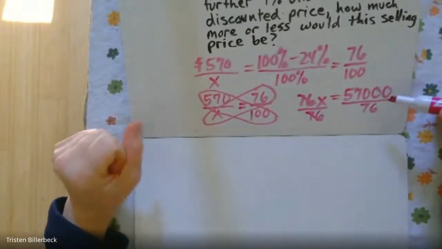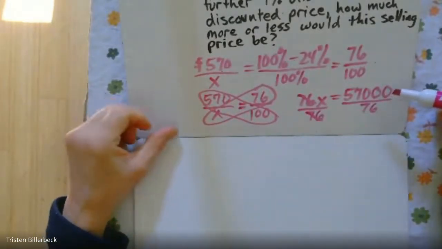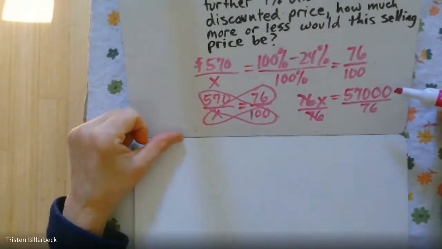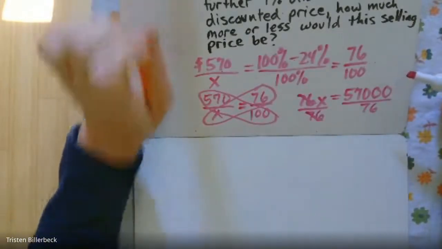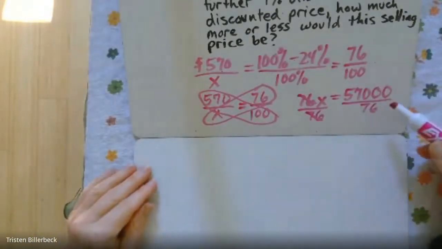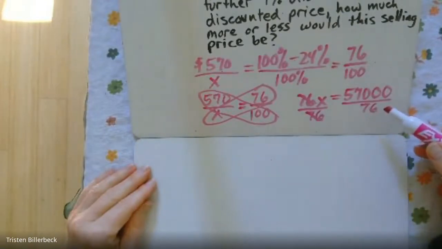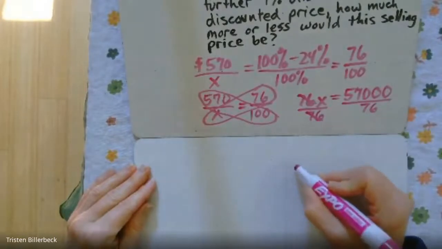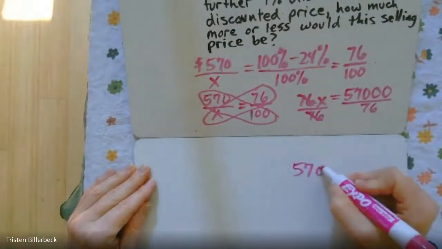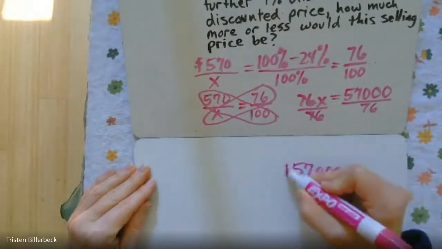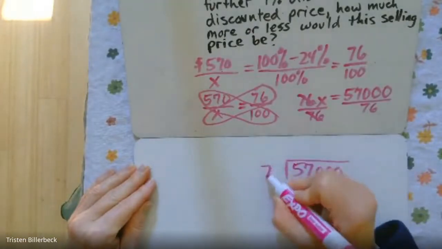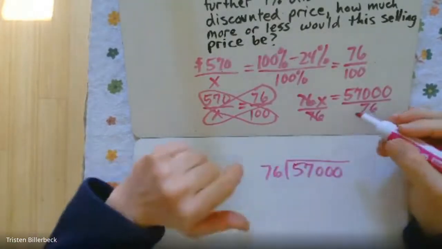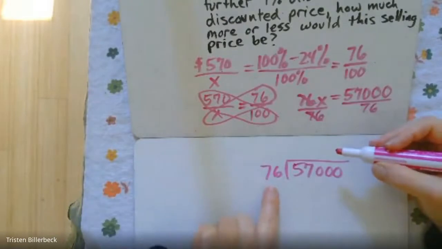So now our job is to figure out the marked selling price. Let's see, we're going to do the top number in the house. All right, so we have 76.